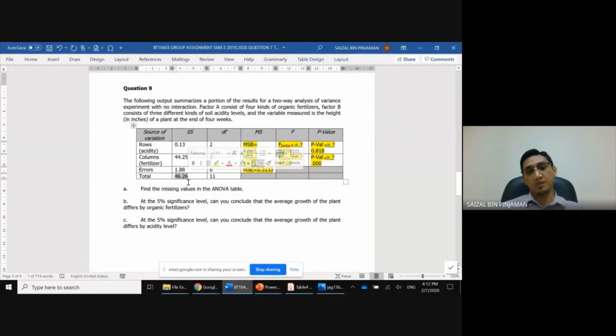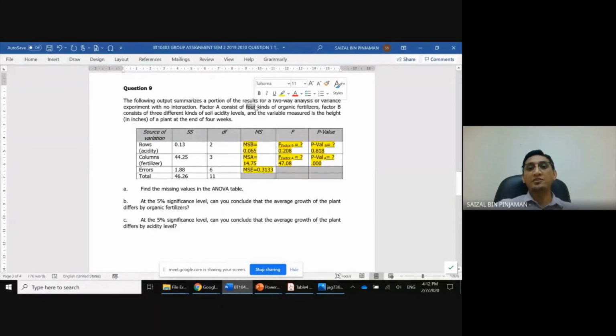46.26. The third column shows the degrees of freedom, DF. The degrees of freedom is equal to the number of organic fertilizers, in this case 4 kinds of organic fertilizer minus 1, so the degrees of freedom for fertilizer is equal to 3.